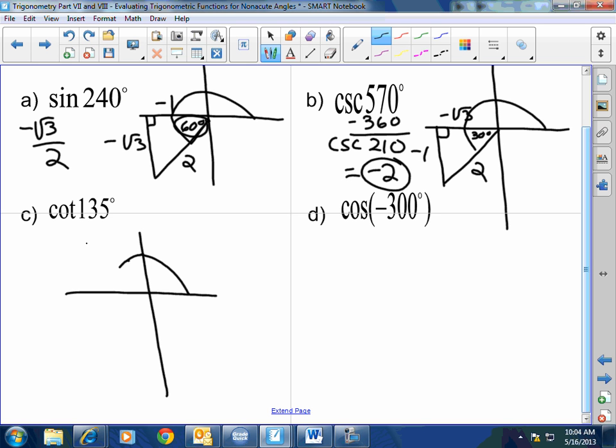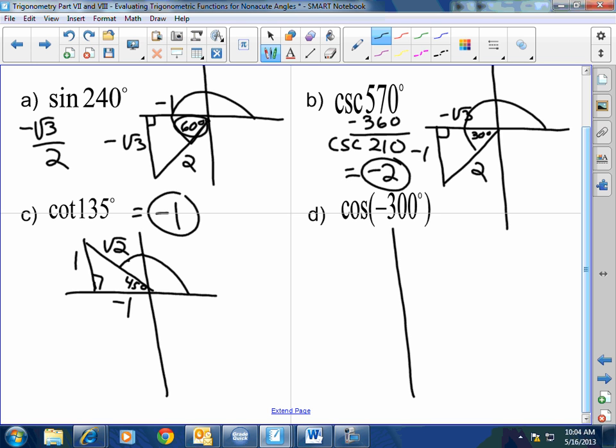So there's 45 here. So what's this reference angle then? 45, because 90 minus 45 is 45. So is this a 1? Ain't that a 1? And is this a square root of 2? So now, be careful. What's the cotangent of 135 then? Adjacent over opposite, so that's going to equal negative 1.